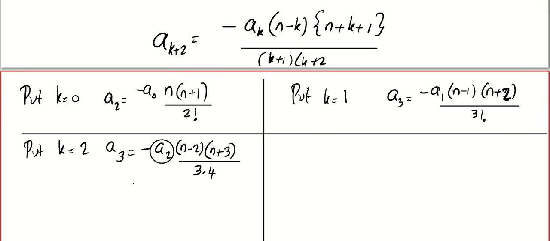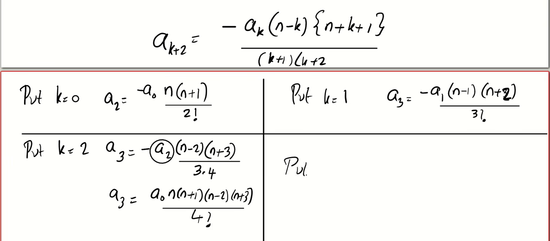Now I have to plug in this. So a4 is equal to a0 n, n plus 1, n minus 2, n plus 3 by 4 factorial, and you put k equal to 3.